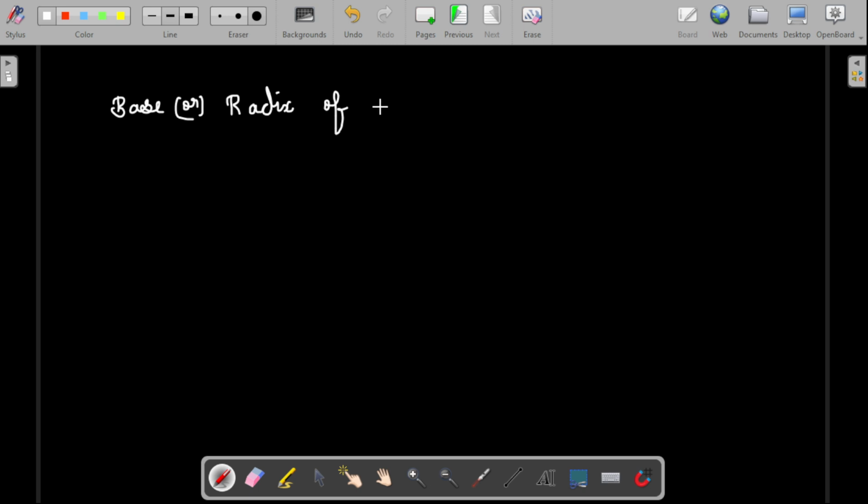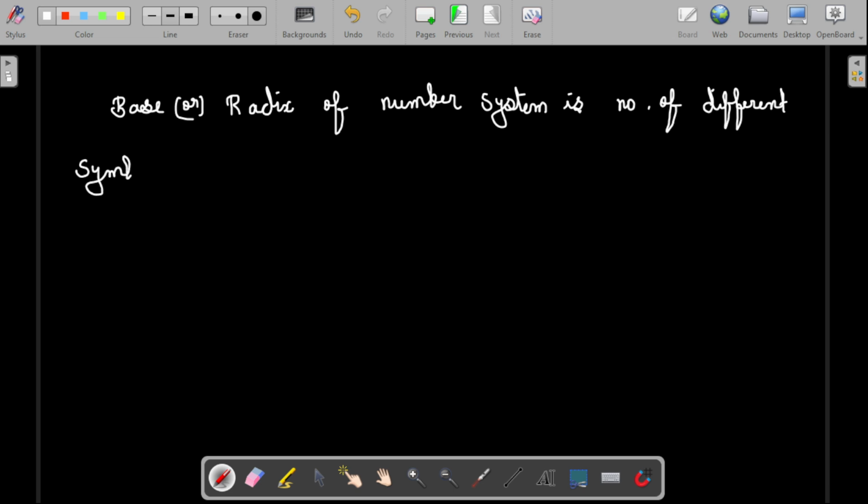For any particular number system, decimal or binary, it is the number of different symbols available in that particular number system.